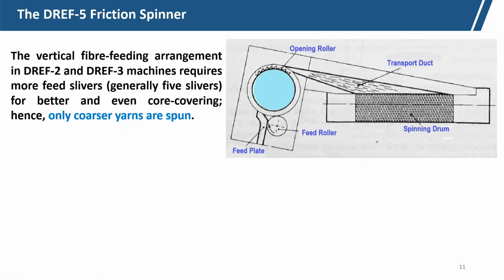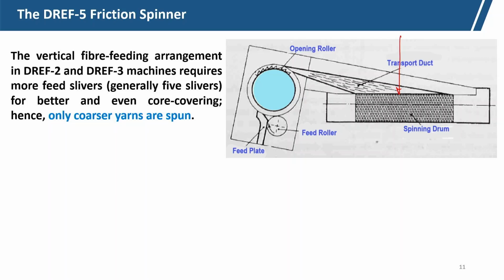In case of DREF 5, one sliver we can use, and also the fibers are not fed at right angle to the movement of the yarn. They are not moving at the right angle. So, the chances of buckling are reduced.